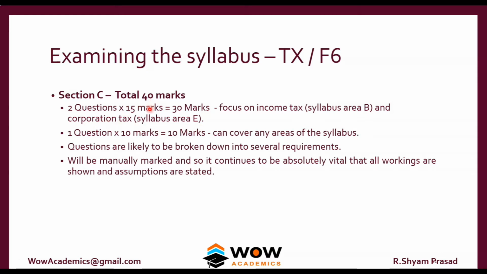Each question carries 15 marks. So when you know where the questions are going to come from, it's much simpler. You can focus on those particular areas and you can try to score the marks, okay?